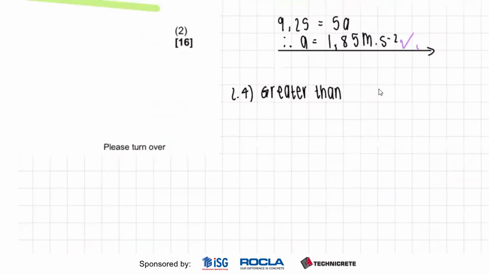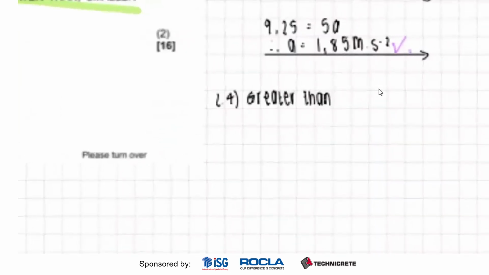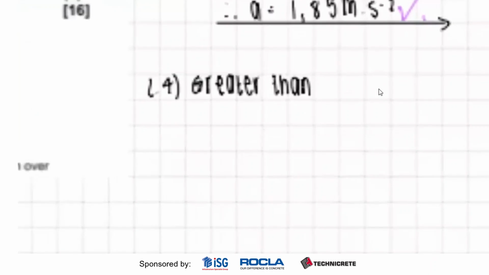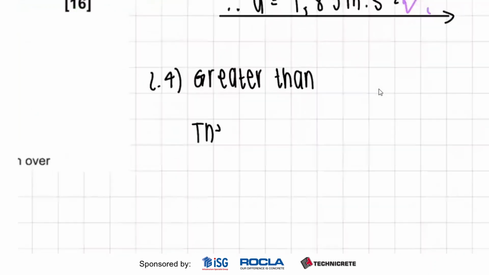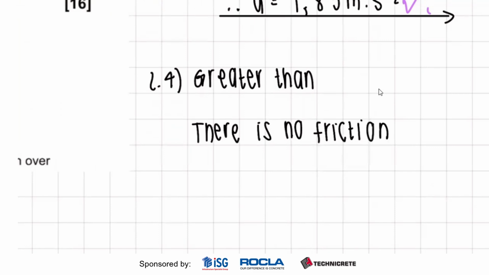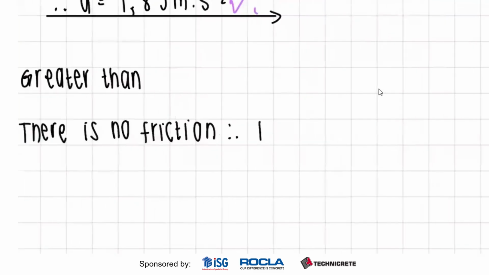And the reason is that there is no friction. Therefore, the F net increases.